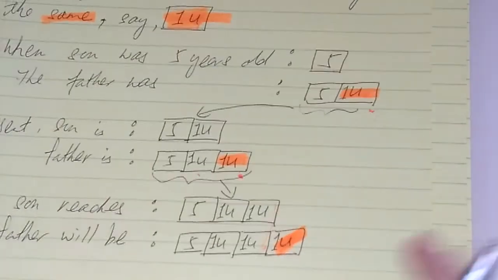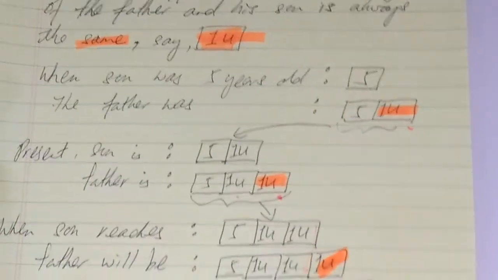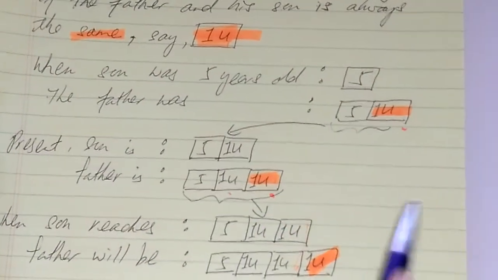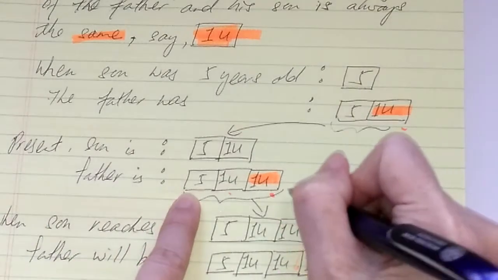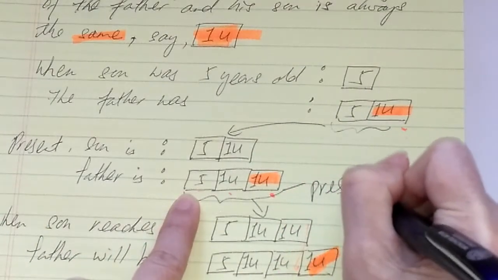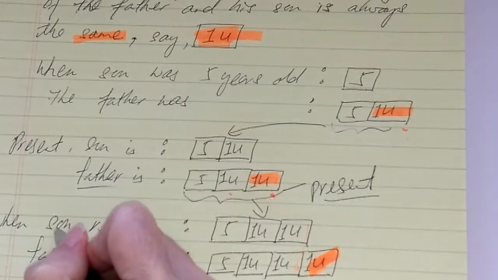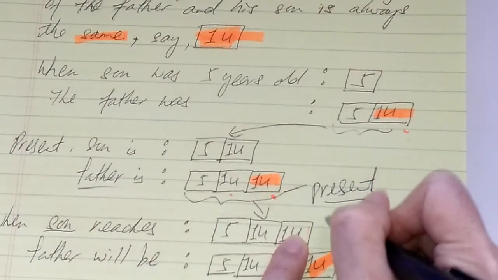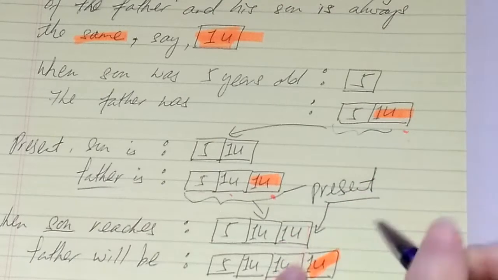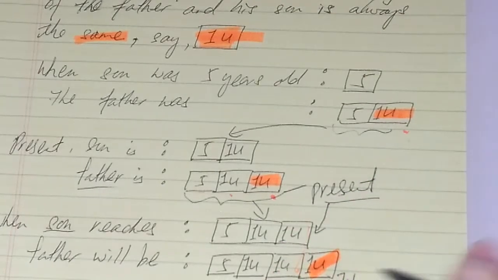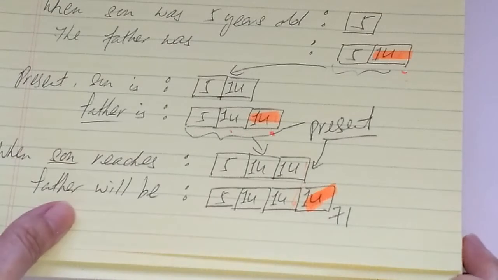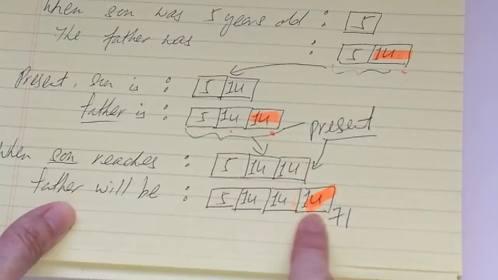Now the question says, when this is the present, the father's present, when the son reaches this present, the father will be 71 years old.